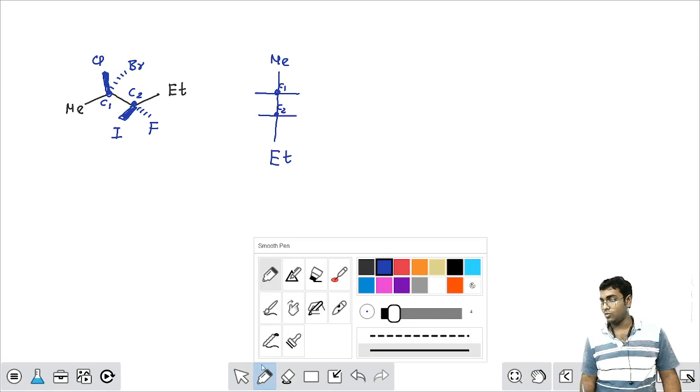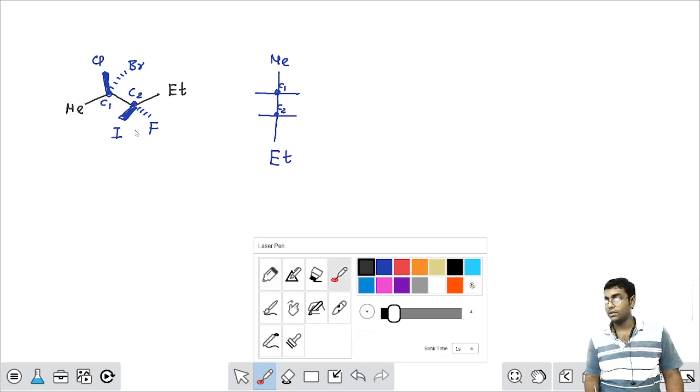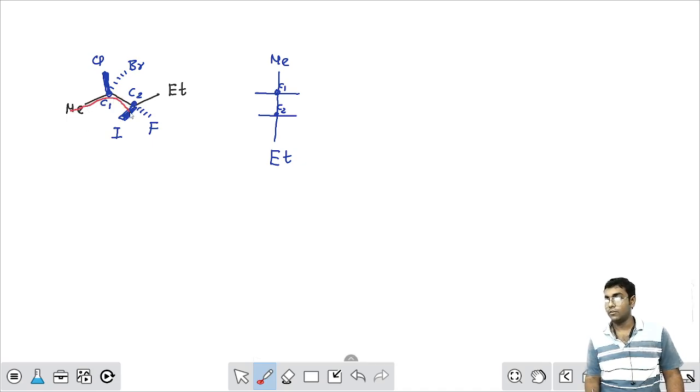So we have to see the molecule in a similar way: for this concave, these positions are on the right hand side. Why am I saying so? As we are fixing methyl in the top position, we have to see it in this way, right?